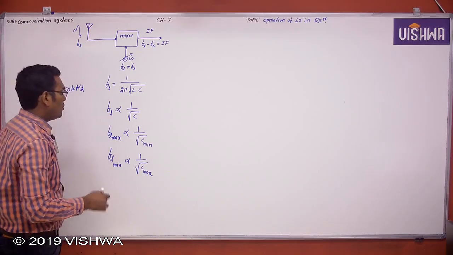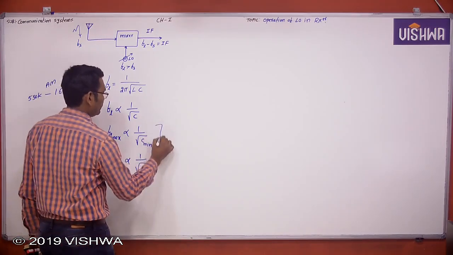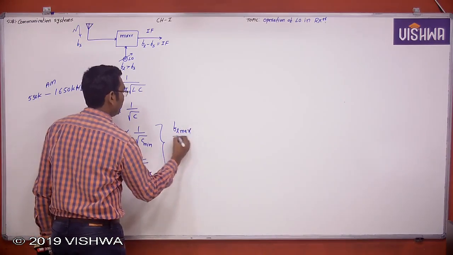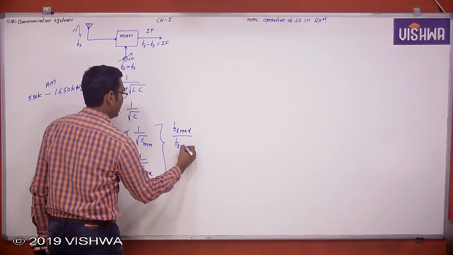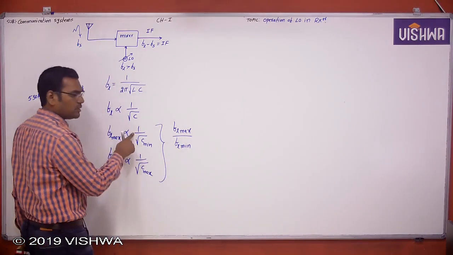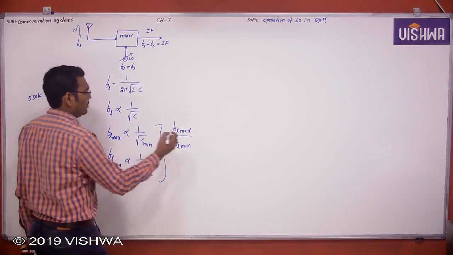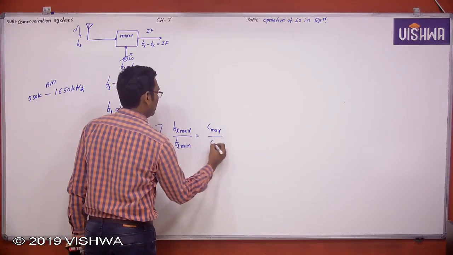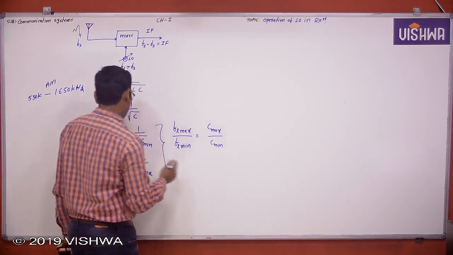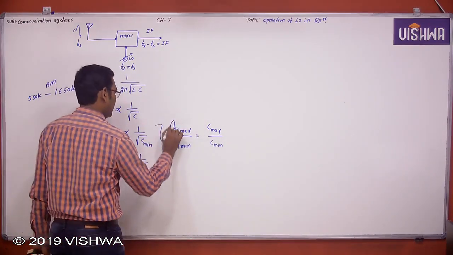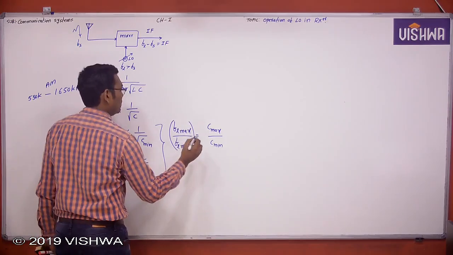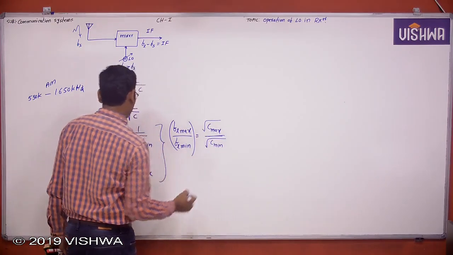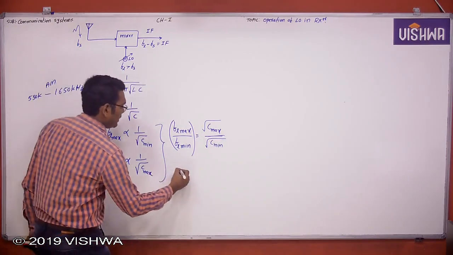Right? So now what is this ratio? Fl maximum by Fl minimum. Now the constant cancels, so this is square root of C maximum by square root of C minimum. So square both sides, that root is cancelled. Can I write like this?